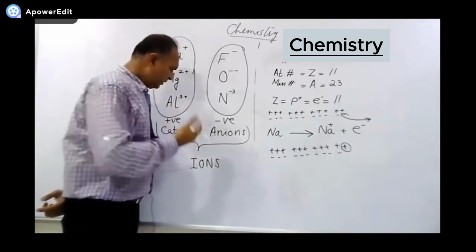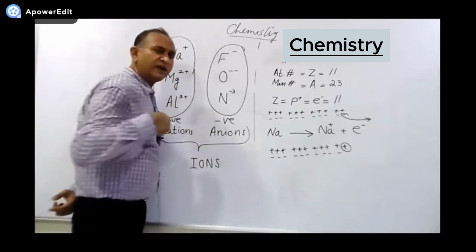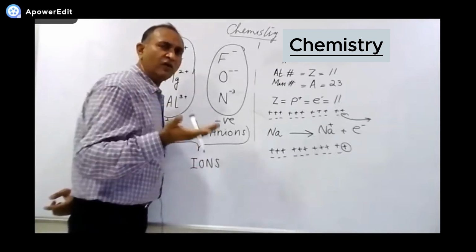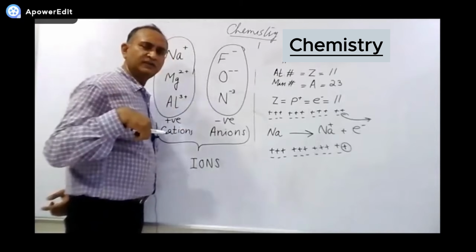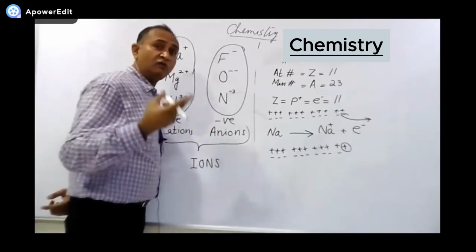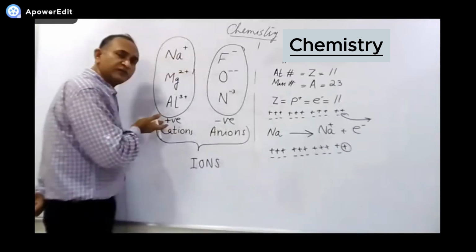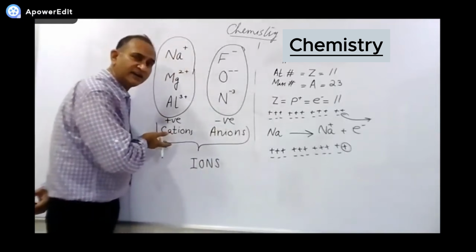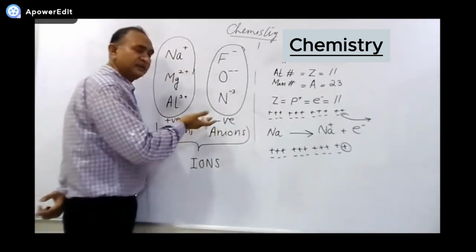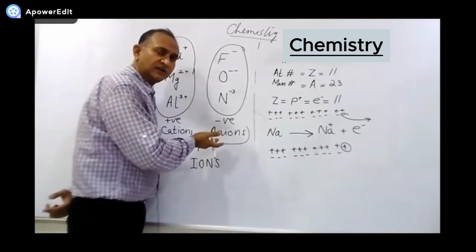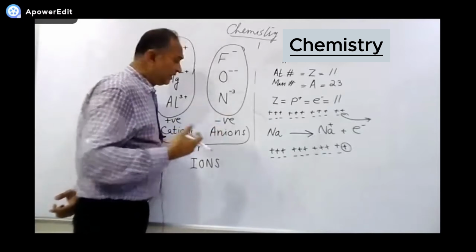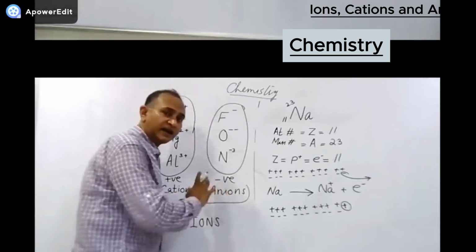It is formed either by losing an electron or by gaining an electron. Third question, what are the two types? If it is losing an electron, it will acquire a positive charge and it will be called a cation. If it is negatively charged, it means it is gaining an electron and it would be called an anion.